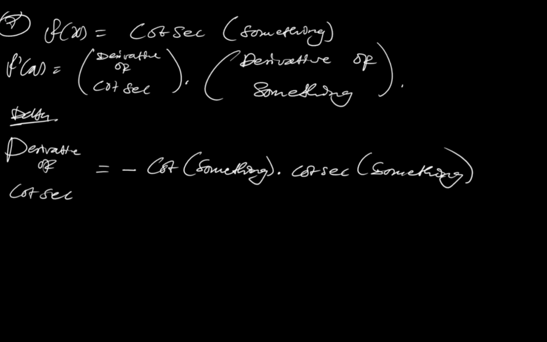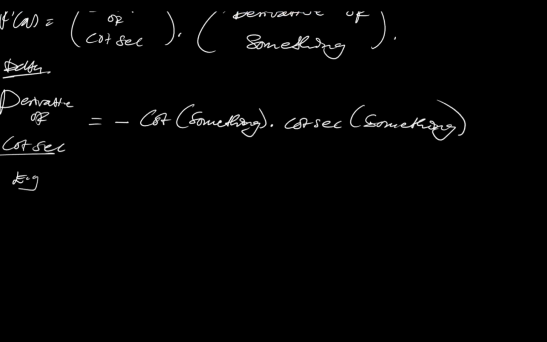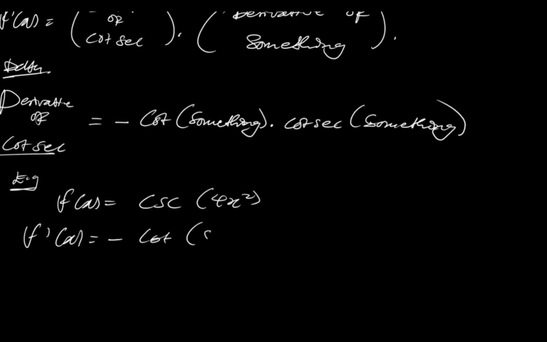Now, cosec is cosecant, which is CSC. So I prefer writing it in this manner. So if you have an example of this kind, given that f of x is equal to cosecant of 4x squared, this implies that f prime of x is equal to negative cot of something, and something is 4x squared, times cosecant, so CSC, of 4x squared times the derivative, which will be 8x.